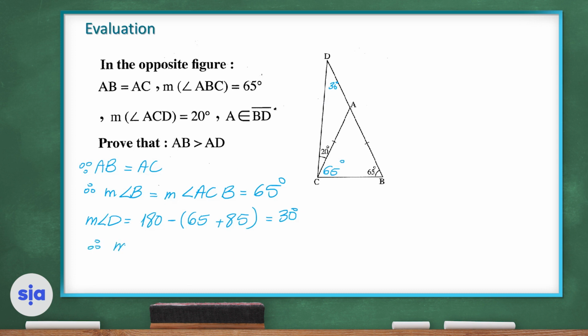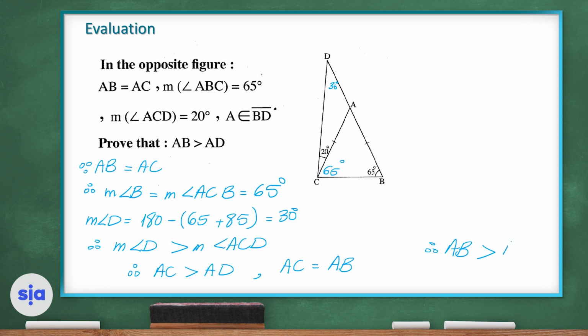Therefore, the measure of angle D is greater than the measure of angle ACD. So this concludes that AC is greater than AD, and we know that AC is equal to AB as given, so therefore AB is greater than AD.